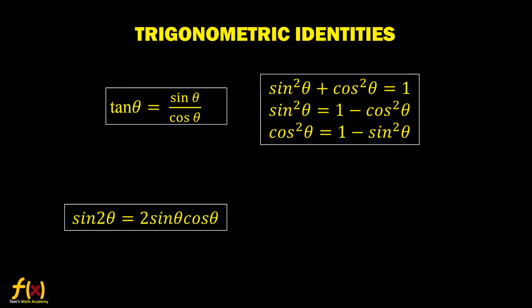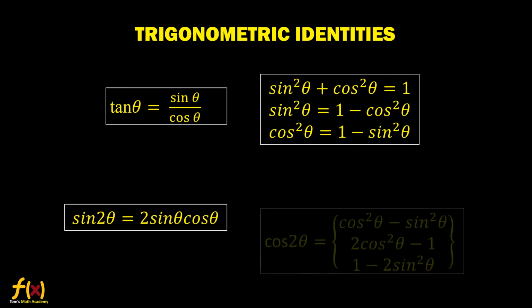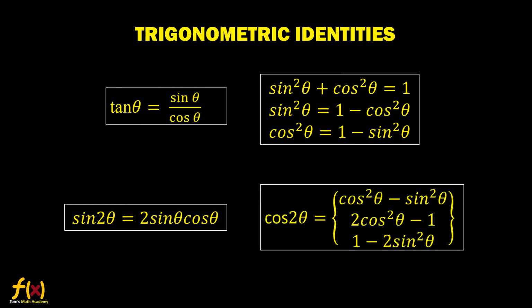Again, the double angle identity sin 2 theta equals 2 sin theta cos theta, and for cos 2 theta we have 3 options. We will make use of all this information in the questions involving identities. We make use of them in the identity questions.